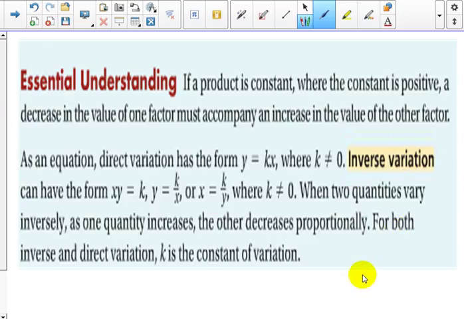One of the things I do want you to know from that is the essential understanding. If a product is constant, where the constant is positive, a decrease in the value of one factor must accompany an increase in the value of the other factor.